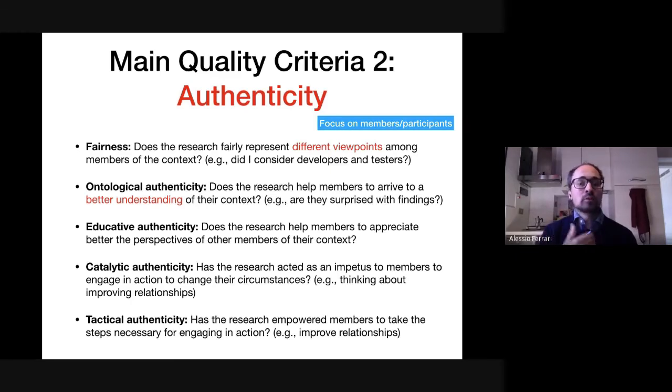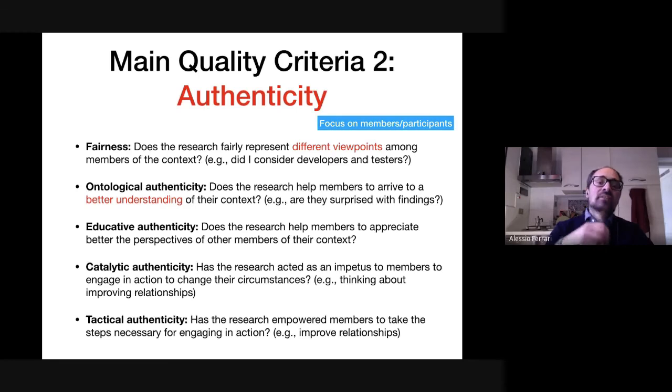So when you do member checking, do you find that they are surprised with the findings that you bring in? Educative authenticity: did they learn? Did these people show to have learned something about their context? Catalytic authenticity: has the researcher acted as an impetus to members to engage in an action to change the circumstances?